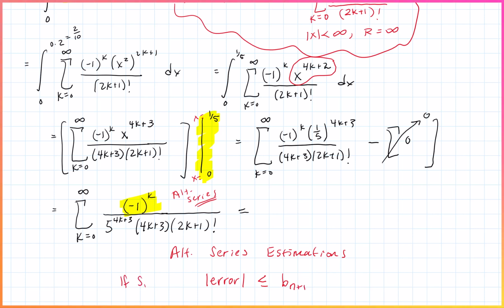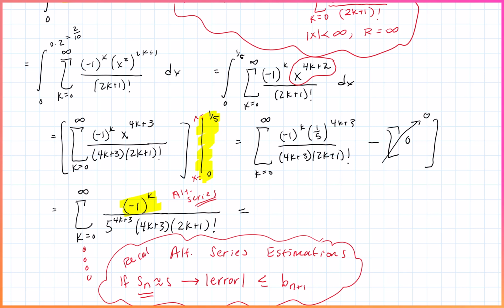If we use the nth partial sum to approximate the actual sum, then the error was always less than the n plus 1 term.